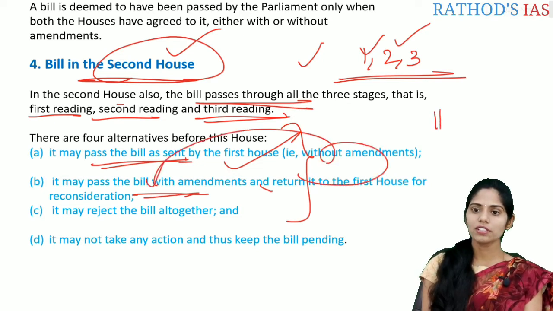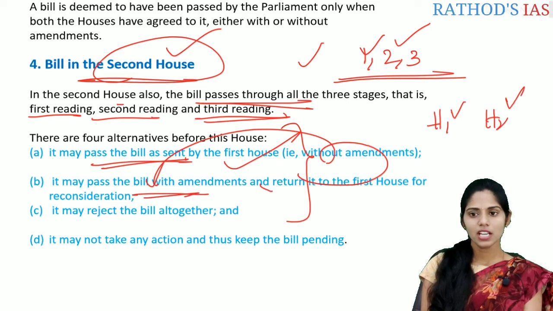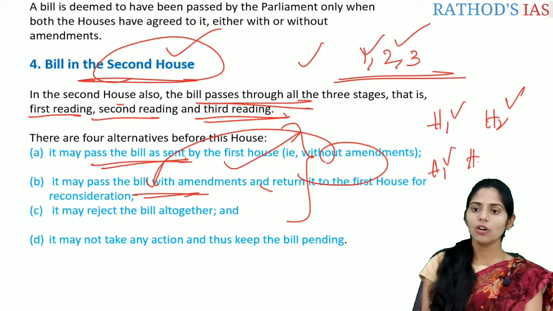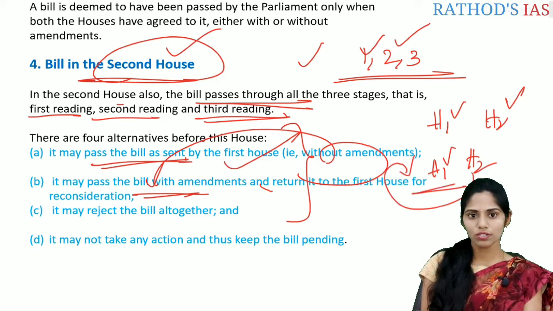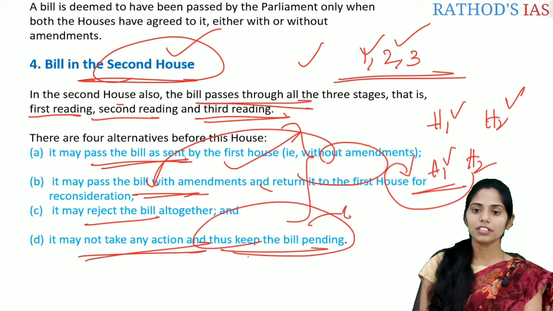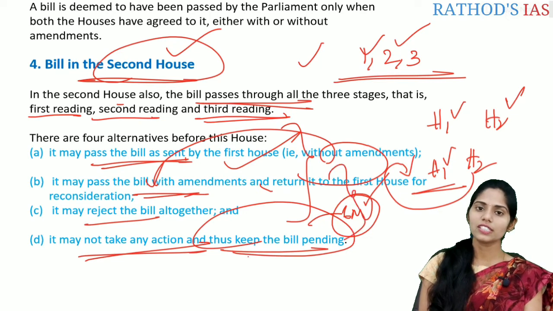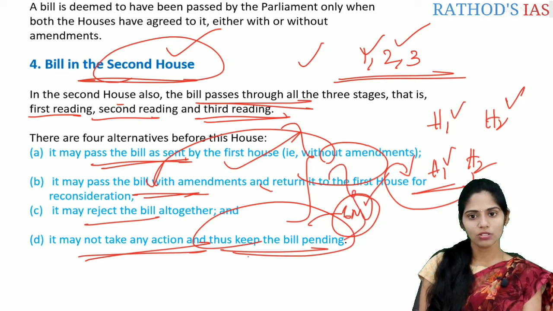For example, House 1 passed and House 2 also passed without any amendments. Or House 1 passed but House 2 did not pass the bill and resent the bill back to House 1. The third one is that it may reject the bill altogether. And also it may not take any action, thus keeping the bill pending for 6 months. Okay, so these are the 4 things that are present before the second House.